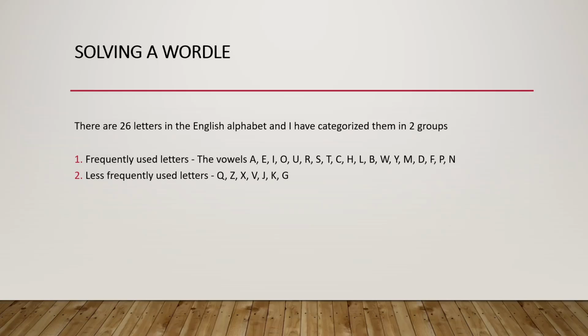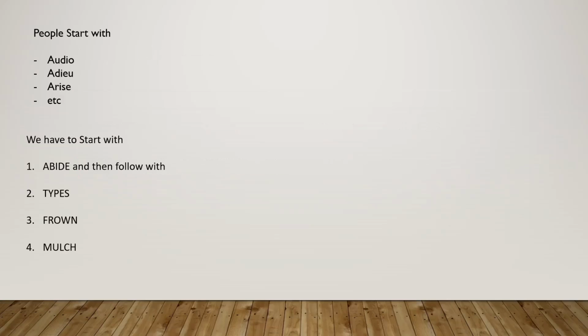Why is this information crucial for solving a Wordle? Because if you want to guess the word, you must first start with the frequently used letters, because they have a higher chance of being in the word of the day, and guessing the word becomes easier with each guess. Usually people start with audio, adieu, arise, etc. But with my approach, we start with abide and then follow with types, frown, and mulch.